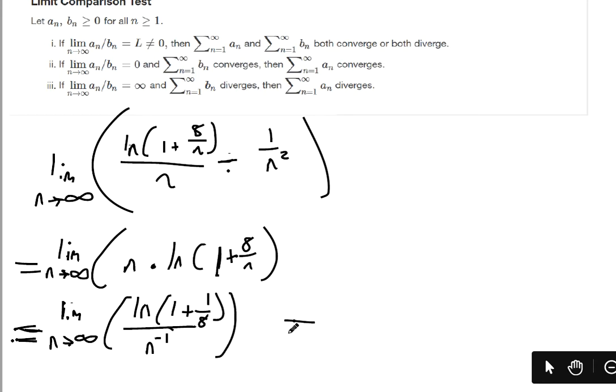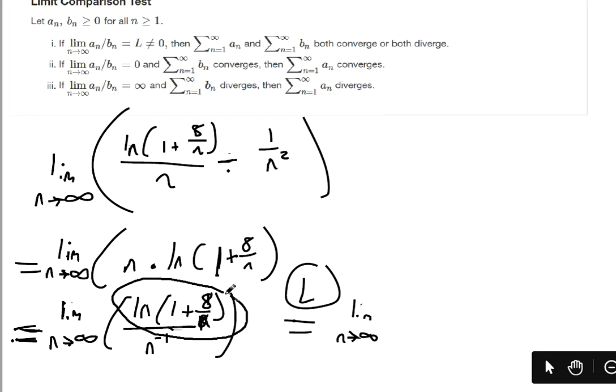Now if I evaluate this, I like to use this notation where I just put an L on top that says, hey, I used L'Hopital's rule. I'm taking a derivative of the numerator. So the derivative of the natural log of 1 plus 8 over n, I got those flipped.